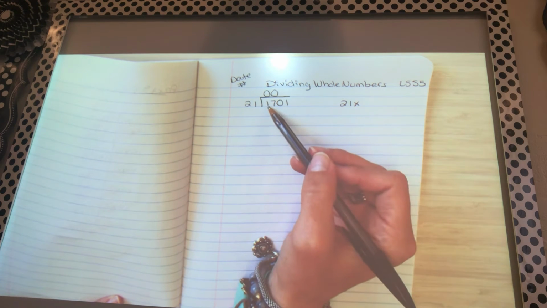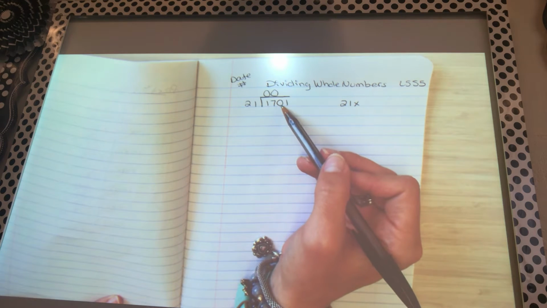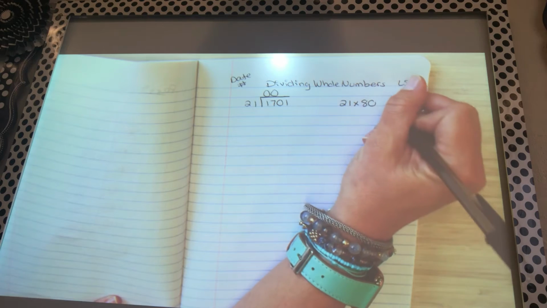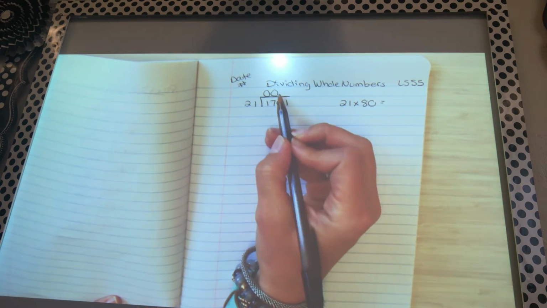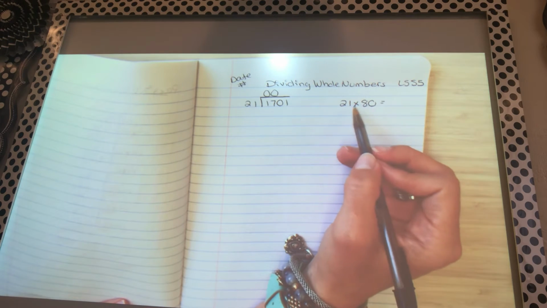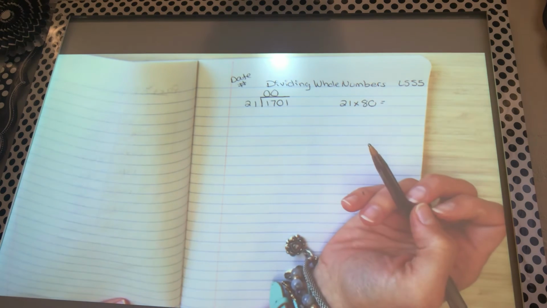In reality, I don't have 17 here, I have 170 tens. So I would need to multiply by 80, because I have 8 sets of tens in that place value. So let's see if 80 times 21 would get us close to 170 tens.